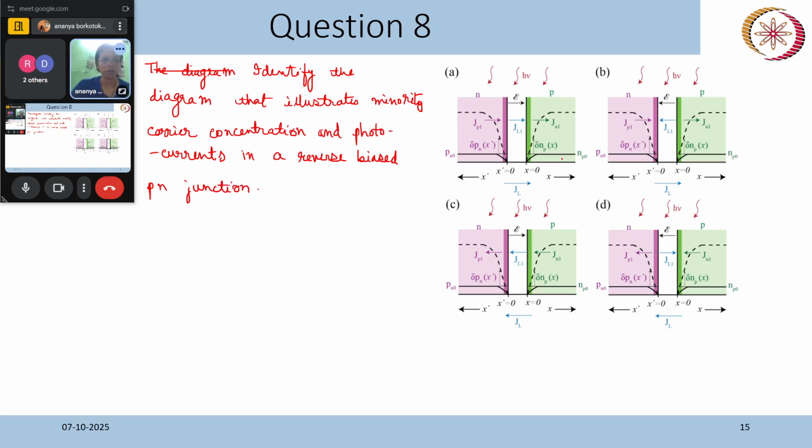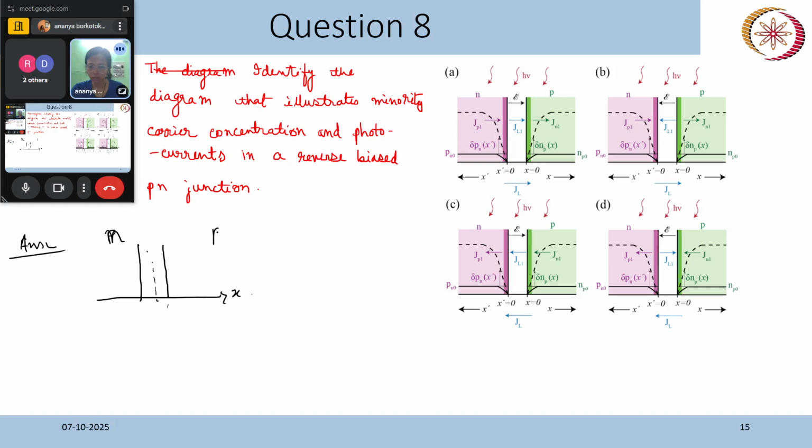So we know that in a PN junction, in reverse bias, the minority carrier concentration looks like this, when we consider the depletion approximation. This is my X. Say this is P side, and this is N side.